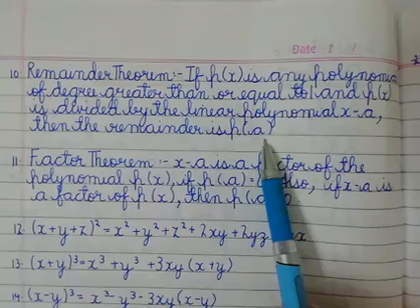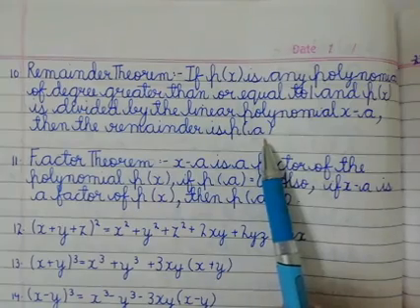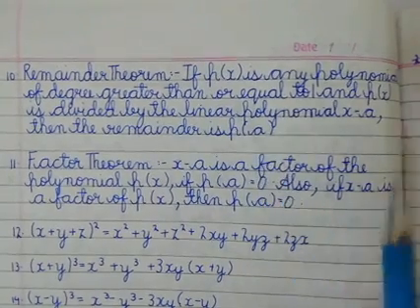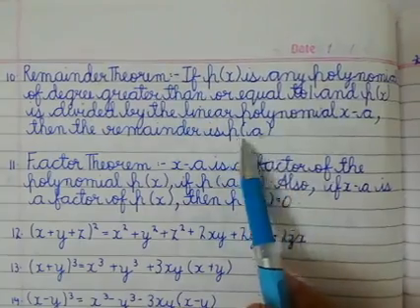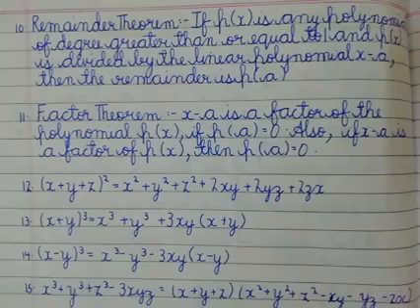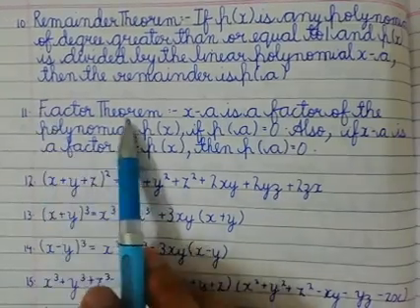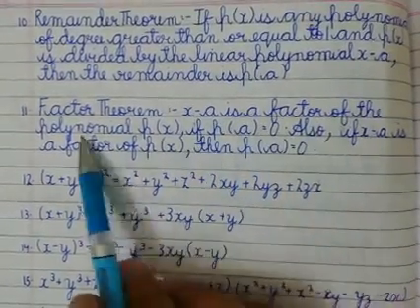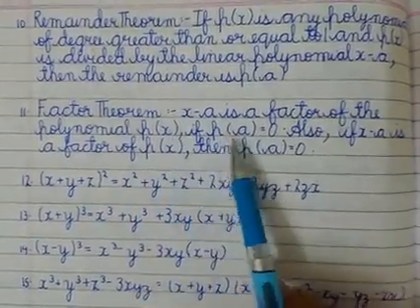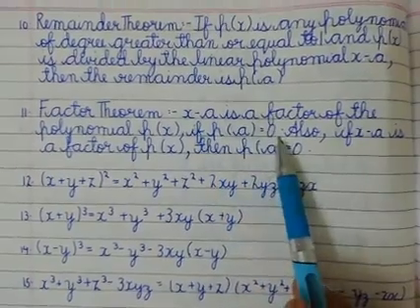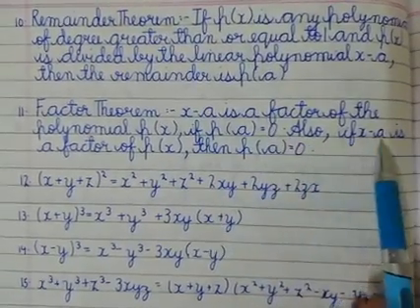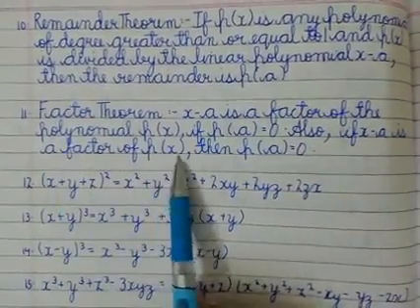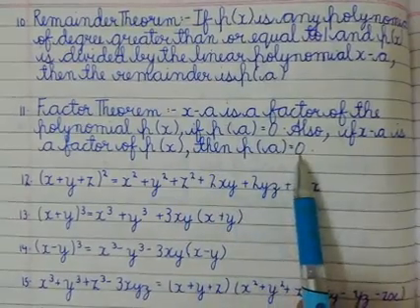Means if you want to find the remainder, in place of x we put a. Now the factor theorem: x minus a is a factor of the polynomial p(x) if p(a) is equal to 0. Also, if x minus a is a factor of p(x), then p(a) is equal to 0.